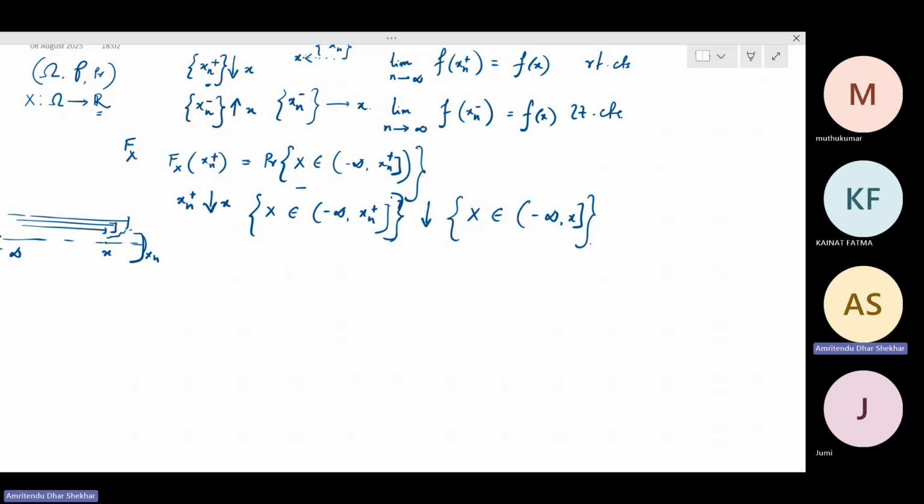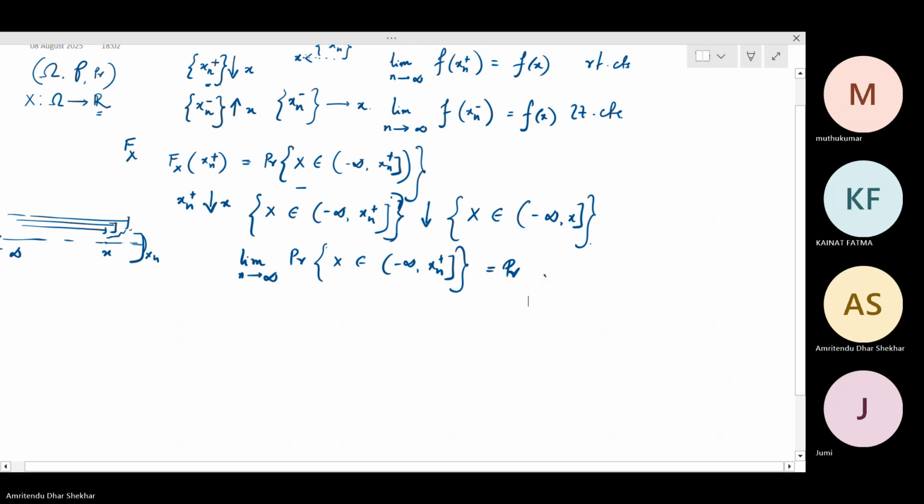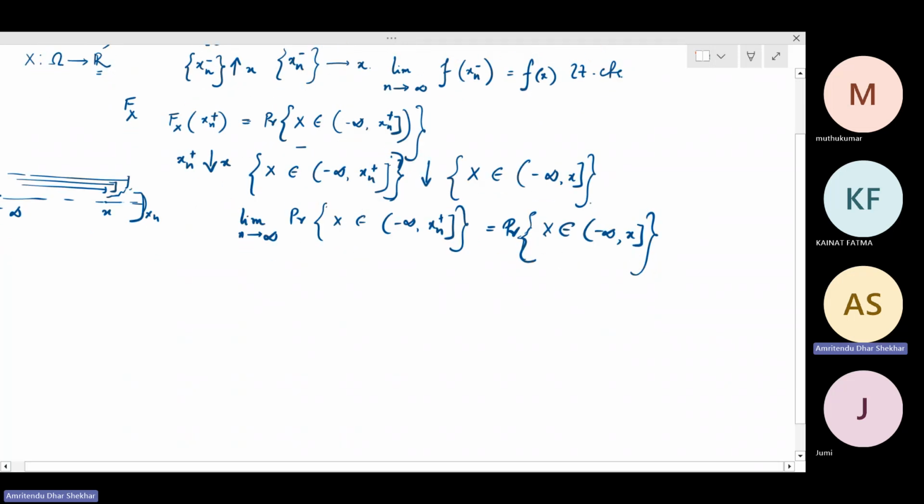It follows from the fact that the probability of a countable disjoint union of sets is the sum of the probabilities. So from that limiting property of probability we get this result that the limit as n tends to infinity of the probability of X belonging to minus infinity comma xn plus is equal to the probability of X belonging to minus infinity comma x. So this is just restating right continuity.